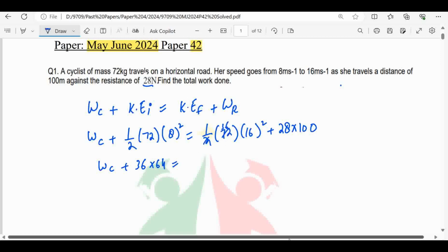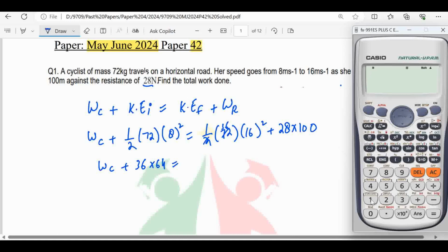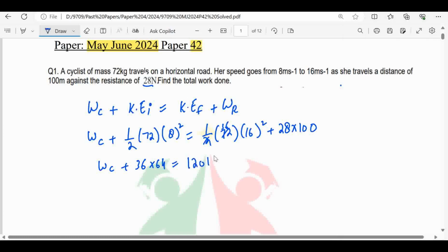So let's use the calculator here: 16 squared multiplied by 36 plus 28 into 100. It will give us 12010.